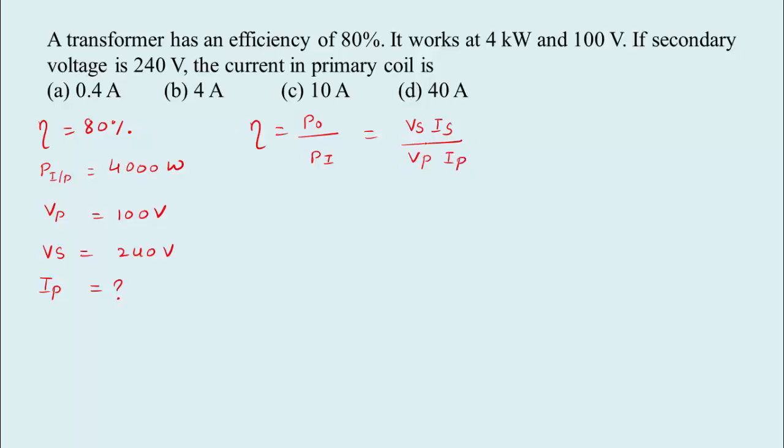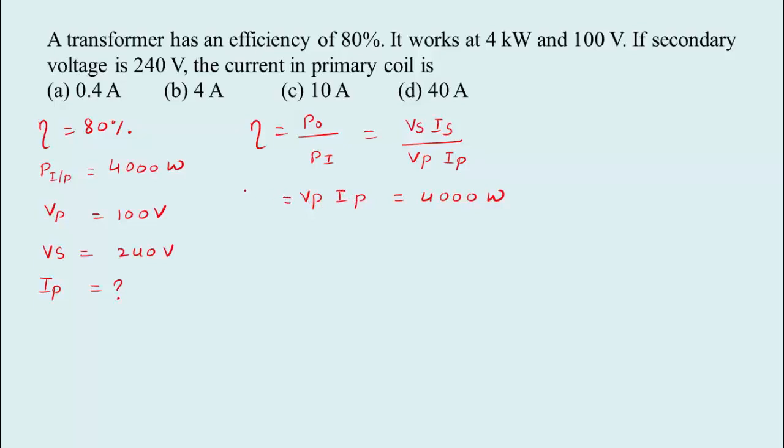So here Vp Ip value is already given, because we know that power output is given by the equation V into I. So it is already given here. So we know that Vp Ip value is equal to 4000 watt, because voltage across primary and current across primary.